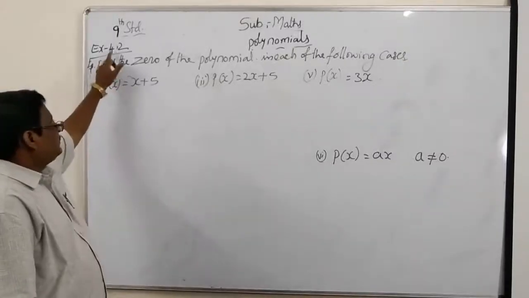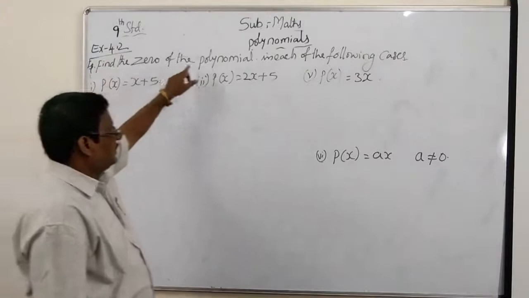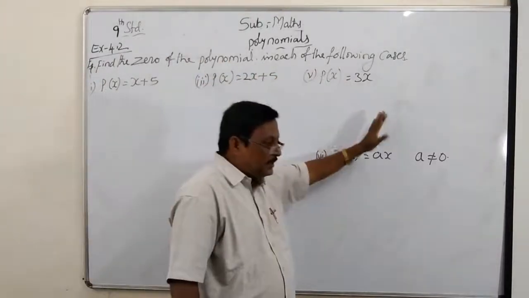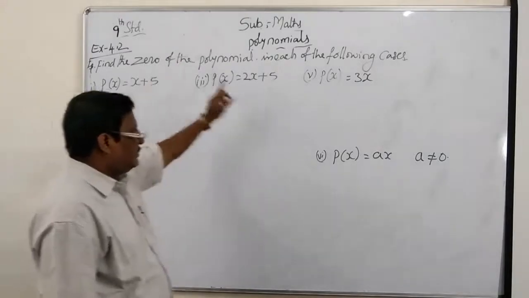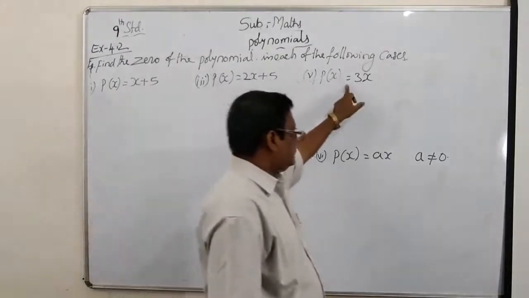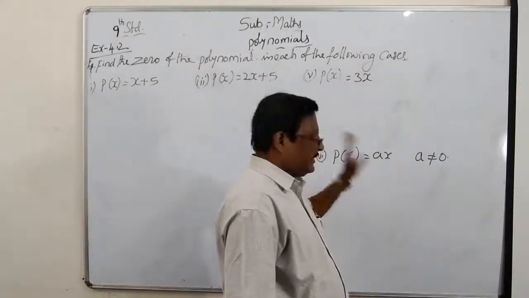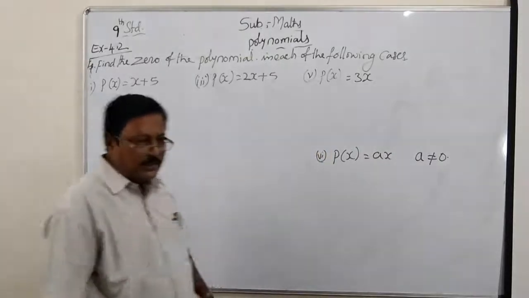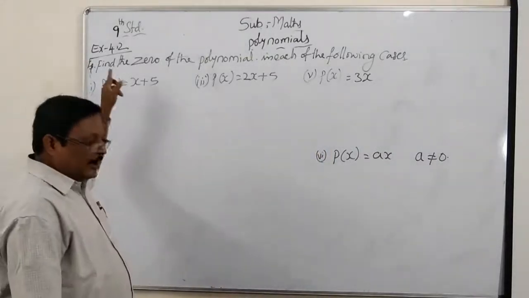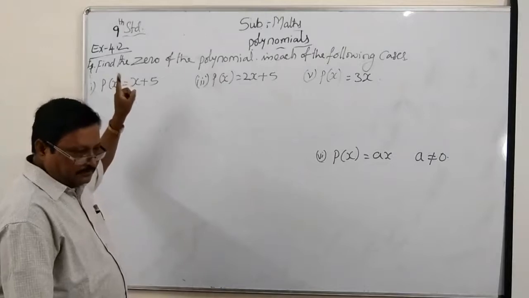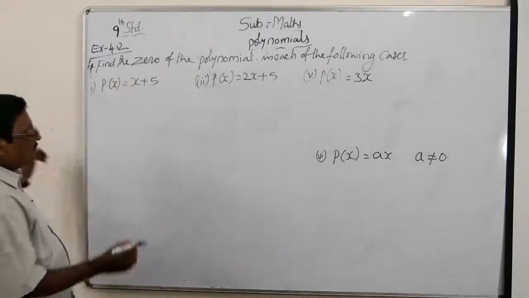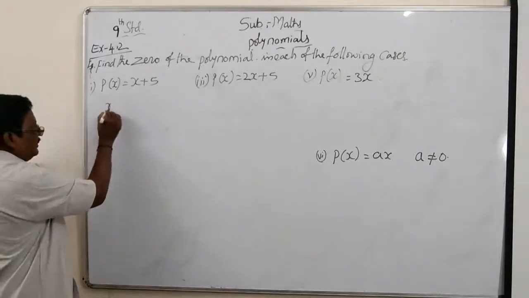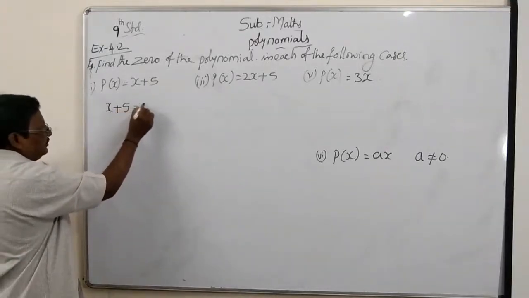Next, in exercise 4.2, find the zero of the polynomial in each of the following cases. First one is x plus 5, second is 2x plus 5, third is 3x, next is ax. All these polynomials have highest degree 1, so they are called linear polynomials. For a linear polynomial, the zero is found by equating the polynomial to 0.